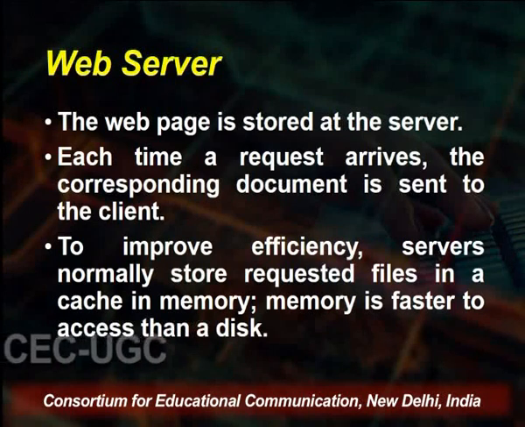Cache memory is a very high speed storage area within the computer or within the web server, and whatever pages are accessed recently are kept in the cache, because cache memory is faster than the primary memory. So by having cache memory, the response time of the server will be highly improved.